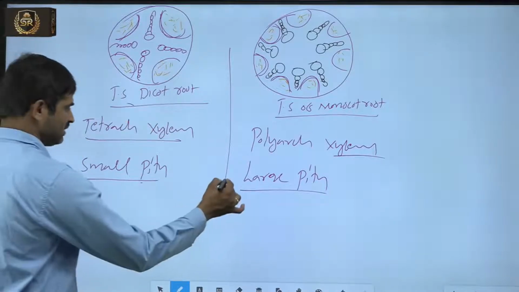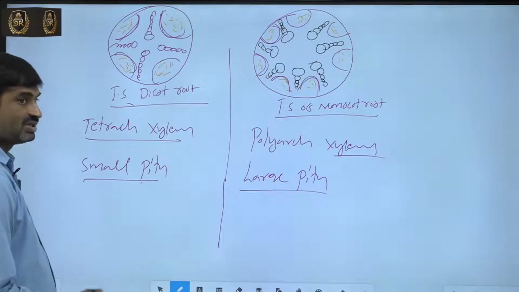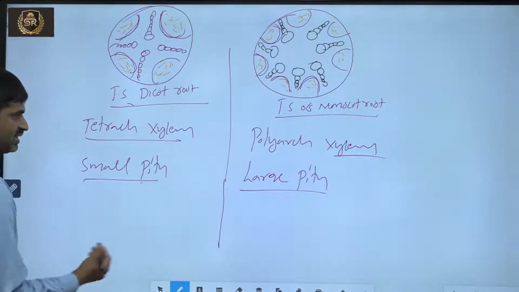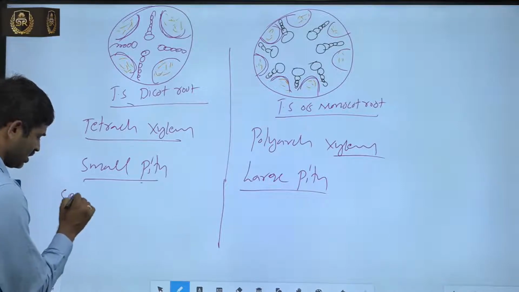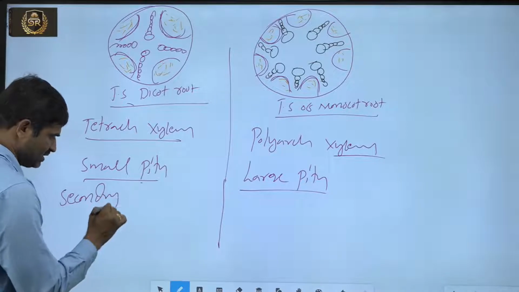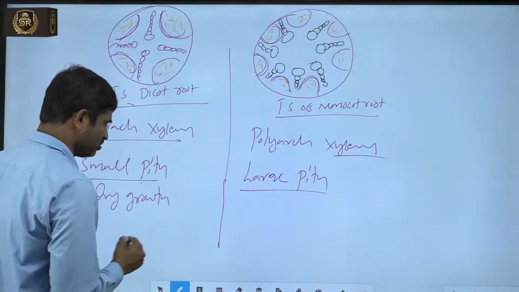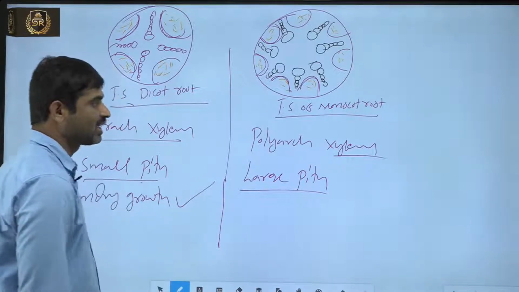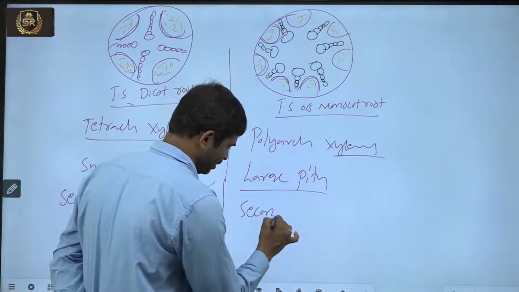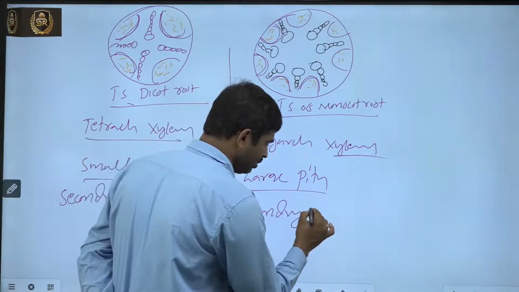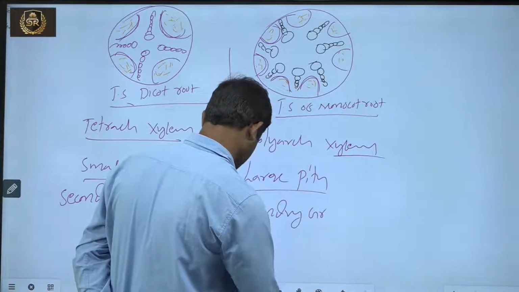Pericycle is used for secondary growth and development in dicot root, so secondary growth is present. In monocot root, secondary growth is absent.